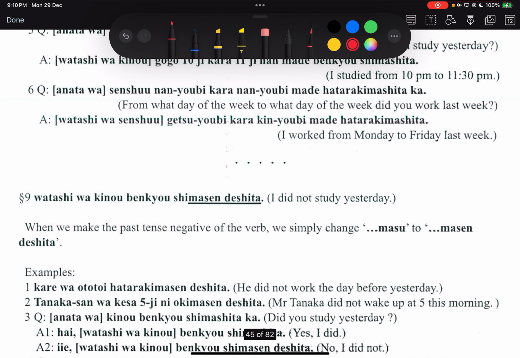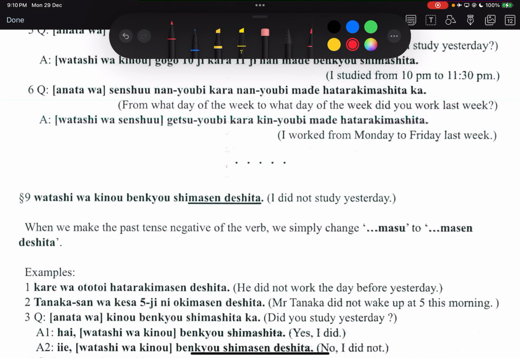Okay, then now we go to the last part. Right, so we have masen, mashita. So we must have a masen, past tense, right? Past tense for the negative. So masen deshita. So where did we take this deshita from? Remember our watashi wa gakusei desu.